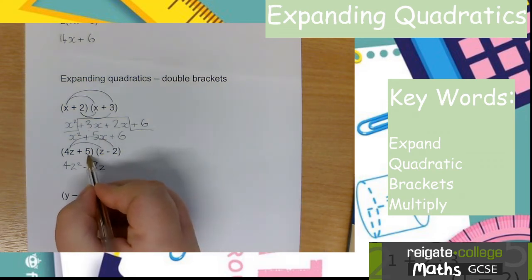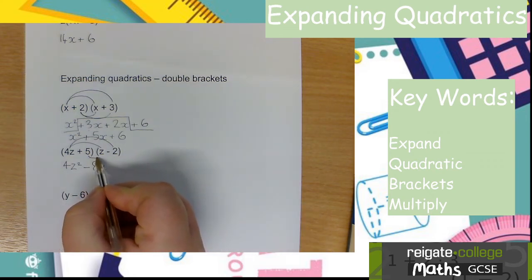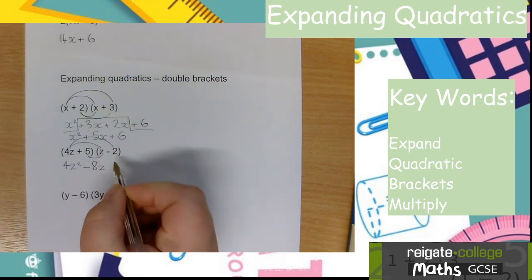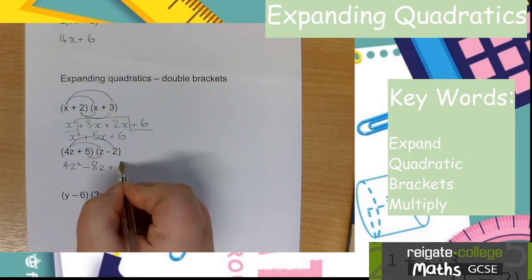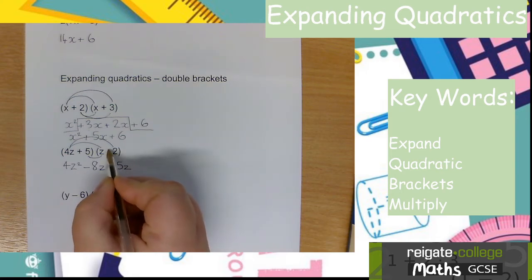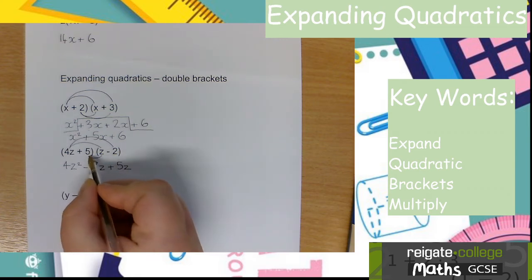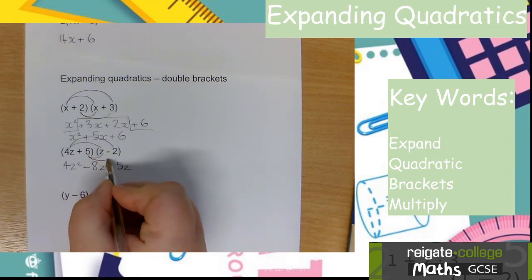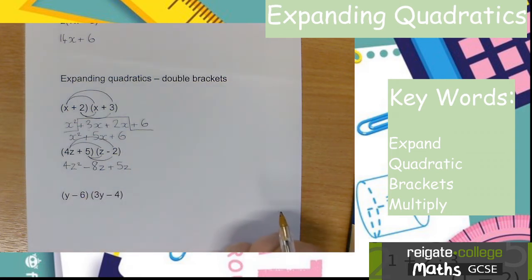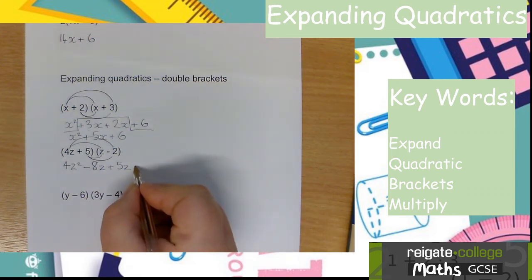Then I'm multiplying the second term by the first term in the second bracket. 5 times z gives me a positive 5z. That negative belongs to the 2. 5 multiplied by negative 2 gives me a negative 10.